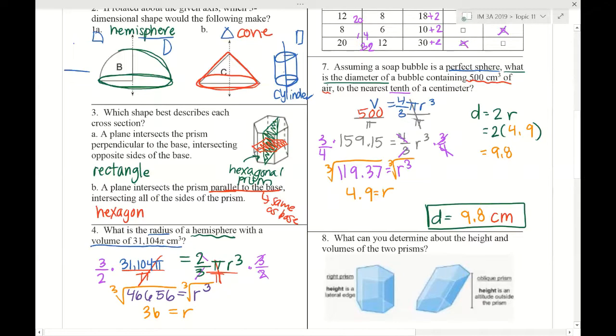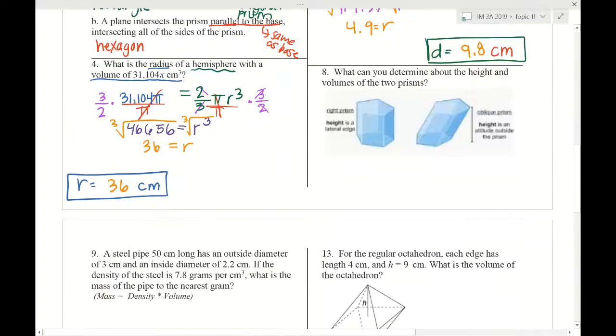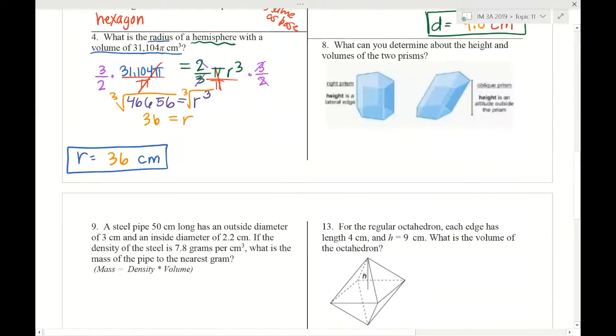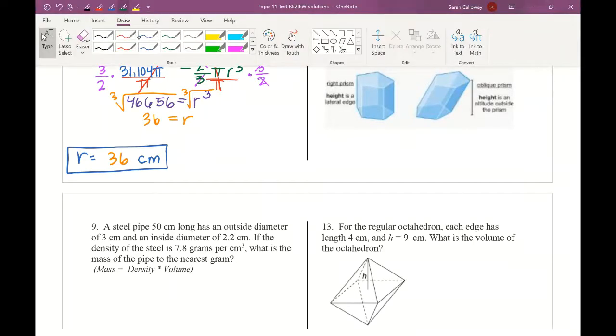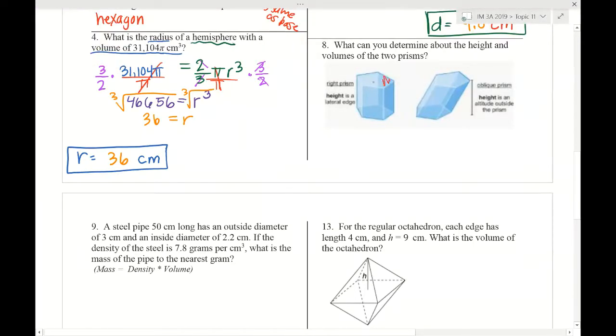The last question on the front is talking about volume in relation to the height and the area of the base. So notice that these prisms have the same pentagon as the base, and so they have the same base area for each one.